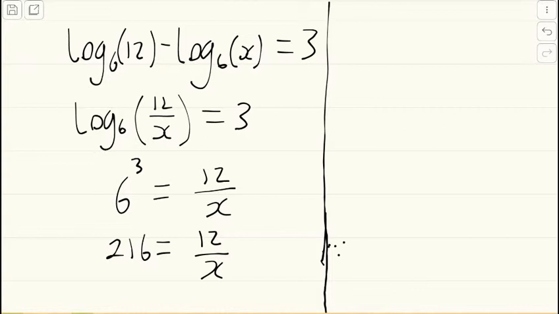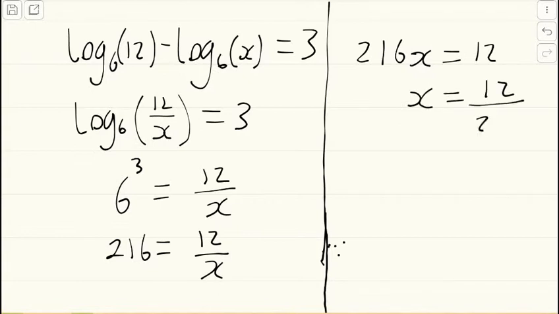So multiplying both sides by x, we get 216x equals 12, and then x is going to be 12 over 216. Okay, and of course, if you want to simplify this fraction, 12 divided by 216 will give you 1 over 18.